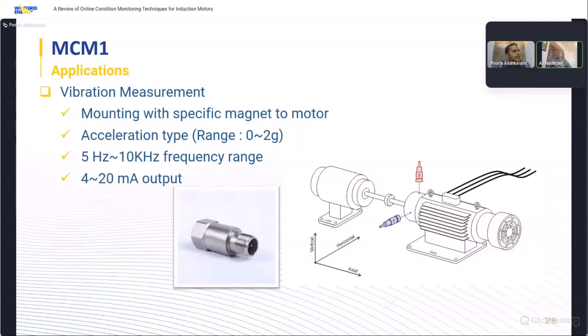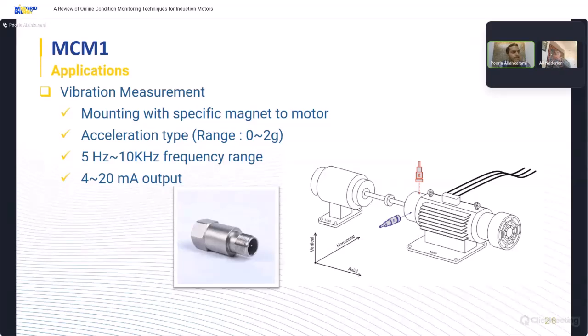We use magnetic mounting on the motor, and you can mount it to the drive end side of the motor, the non-drive end side of the motor, and the load side, to measure some parameters like the phase shift between two sensors to assure whether you have a mass imbalance or misalignment in your motor. Okay.